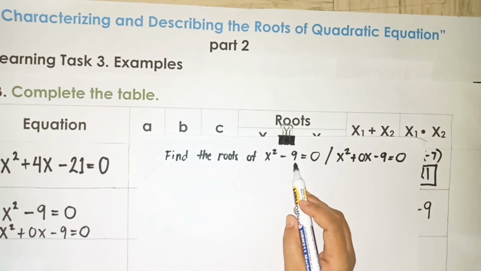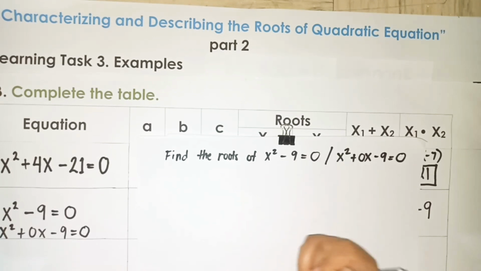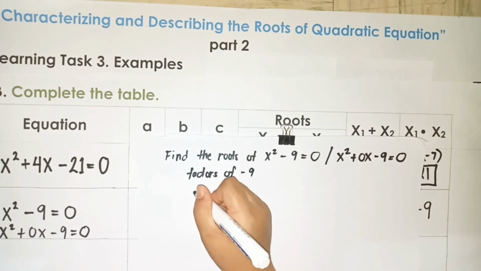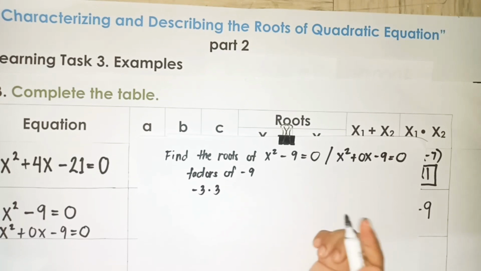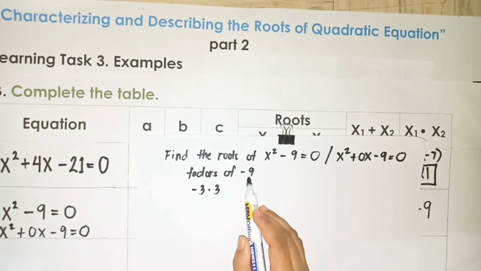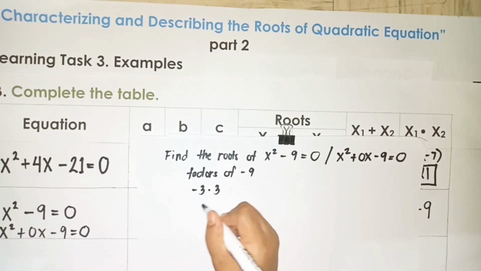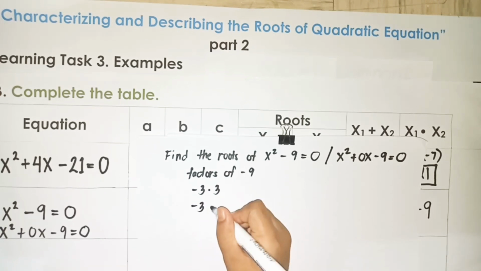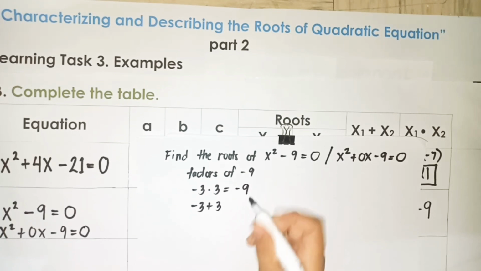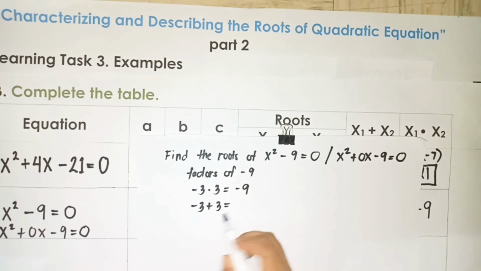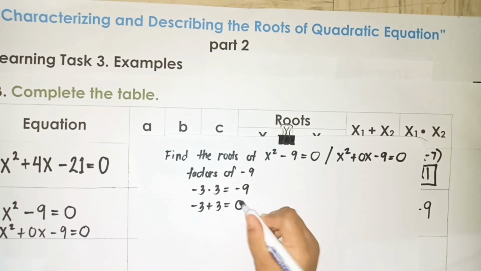So, think of a number that if you multiply, the answer is negative 9, and if you add, the answer is 0. So, what are the factors? It can be negative 3 times 3. Negative 3 times 3 is negative 9, and if we add them, negative 3 plus 3 is equal to 0.